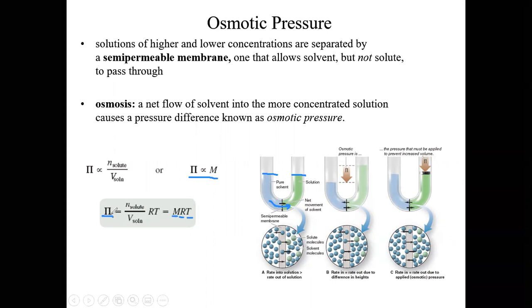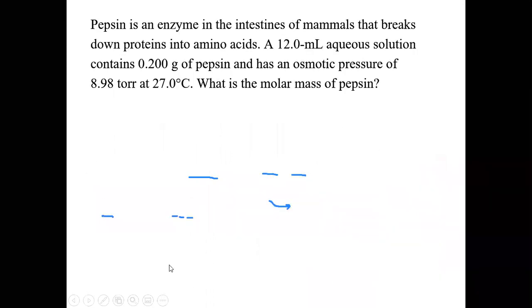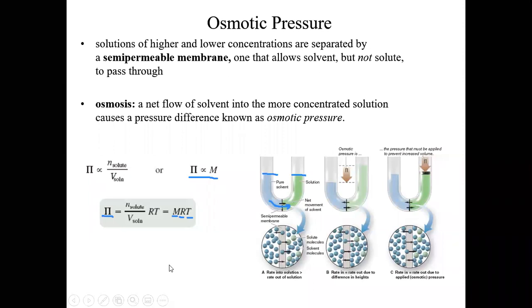Now the gas constant makes it that the osmotic pressure has to be in atmospheres, because your gas constant that you use is in atmospheres. And temperature has to be in Kelvin. And so we can use this equation to solve for the osmotic pressure or solve for the concentration when given the pressure.